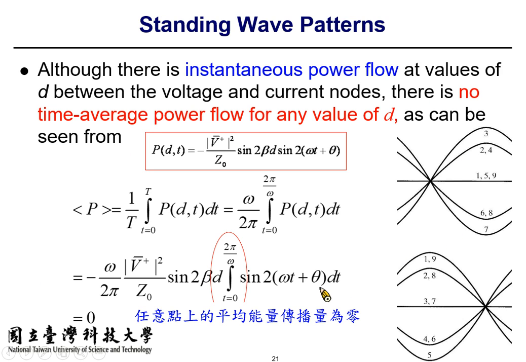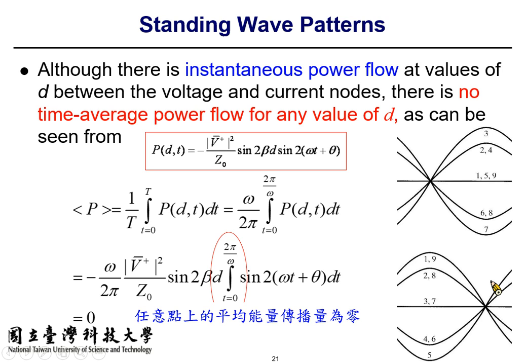Now, if you examine the voltage and current variation within the voltage pattern and the current pattern, we can try to calculate the power flow within the transmission line with complete standing wave pattern.